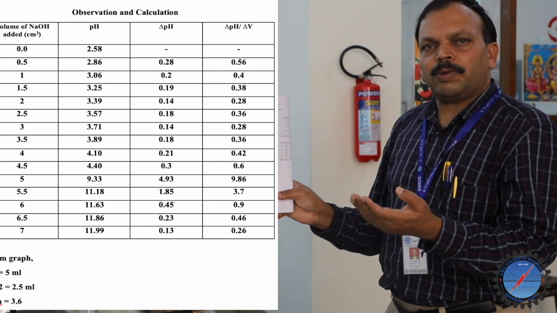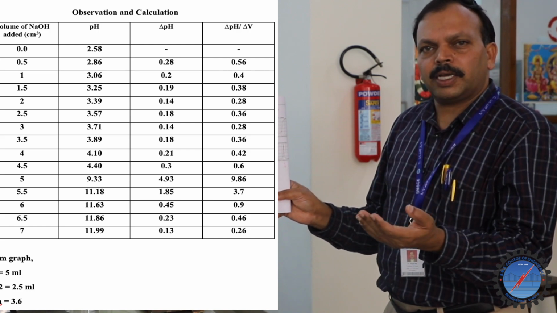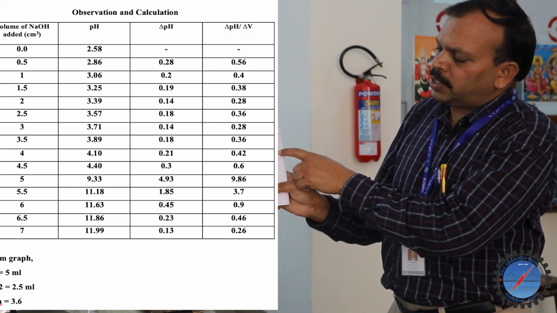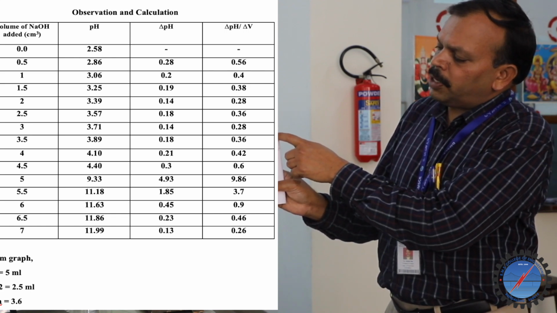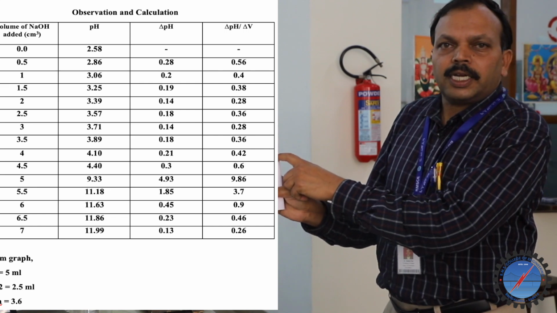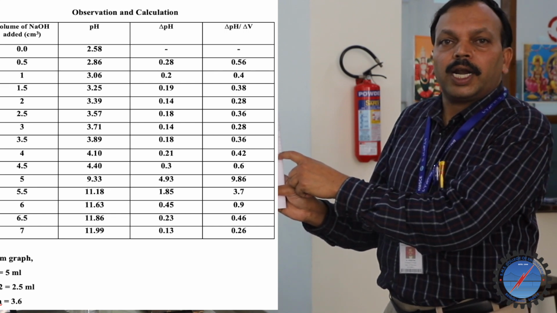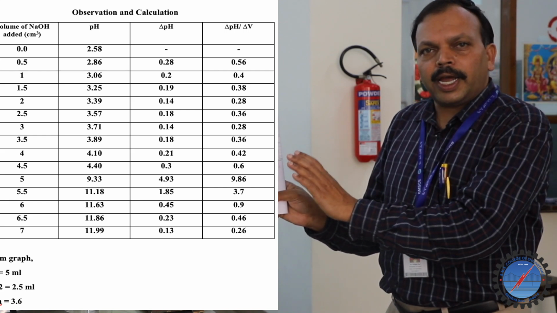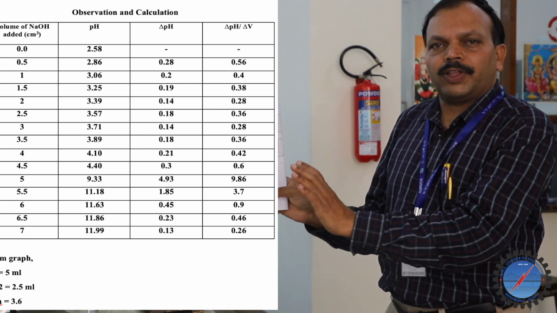We may get 6, 7, 6 point something, 5 point something. The value we get on the x-axis, if we draw a perpendicular from the tip of the apex, is called the equivalence point, the neutralization volume.